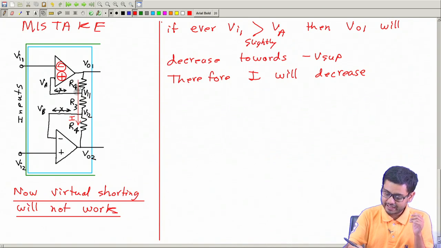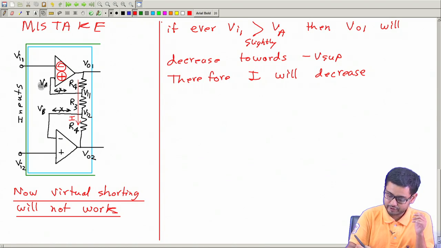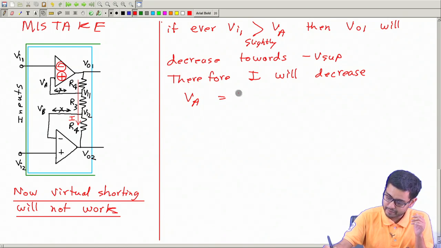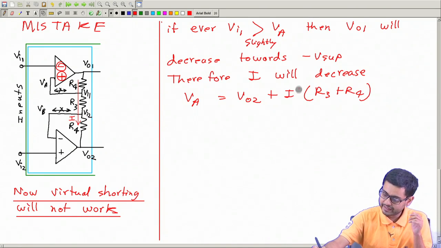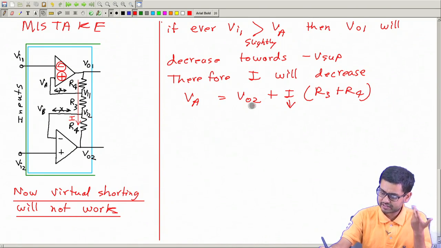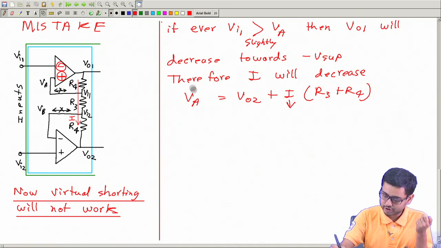Now, if this current is decreasing, then what can we write about VA? VA is the same as VO2 plus I times R3 plus R4. Now, I is going down, and this we have assumed is not changing, so this will also go down.